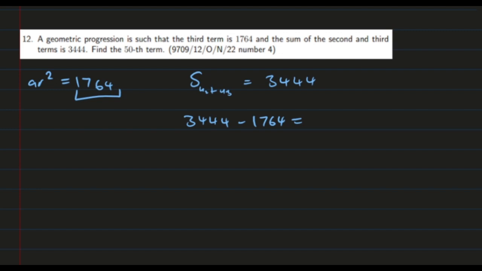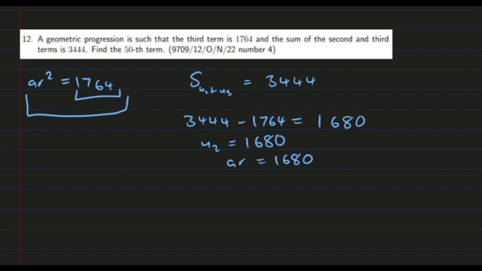That gives us 1680. So our second term u2 is equal to 1680, which can be written as ar equals 1680.